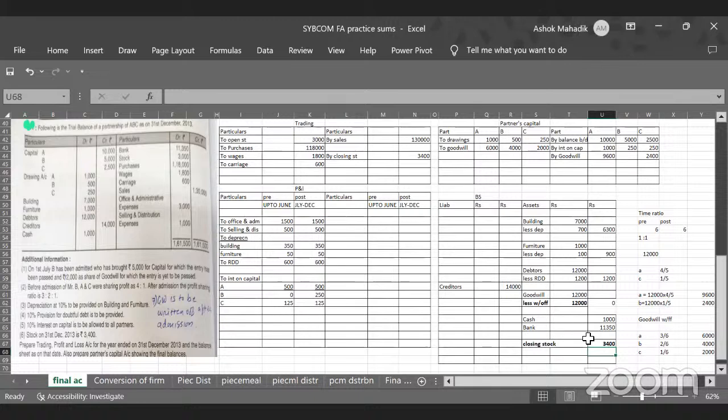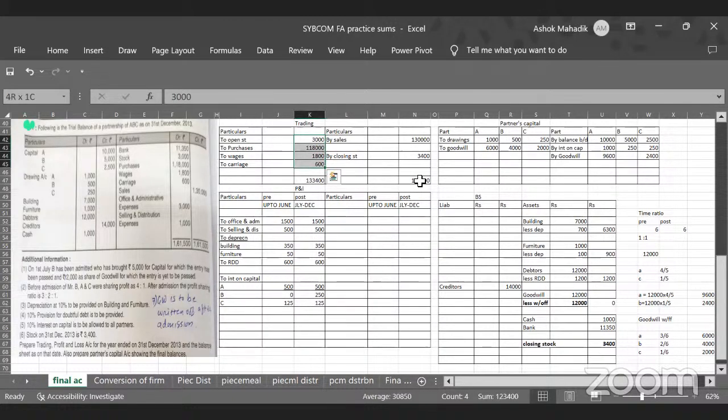So let us start with the trading account. Let me check the total of trading account. 133,400. Okay. So 133,400 on the credits. Okay. Now I see total of debit side items.